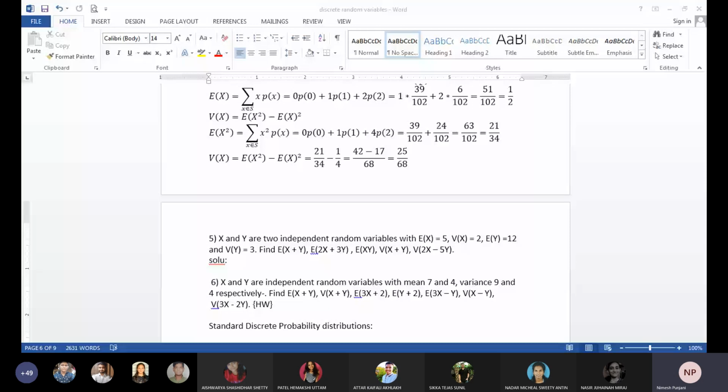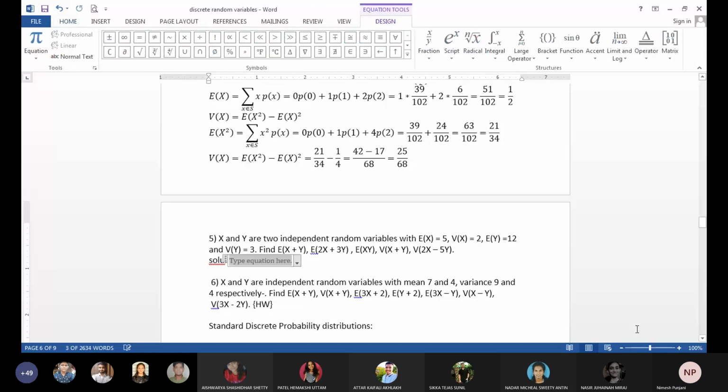Okay, fine. So sum number 5. Expected value of x plus y. Anyone got the answer? 17. Okay, 17.